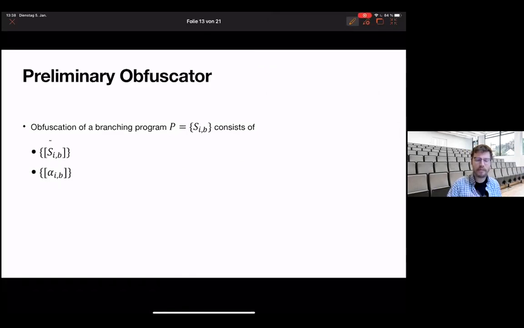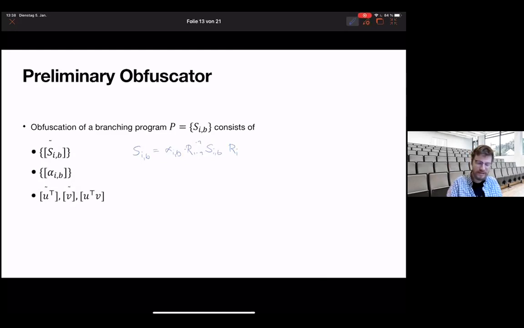And I'm going to do the same with the alpha_iB. Just as a slight note, let's recall that S_iB tilde is alpha_iB times R_{i-1} inverse S_iB times R_i. Here we have the alpha_iB. We also encode them in the multilinear group.